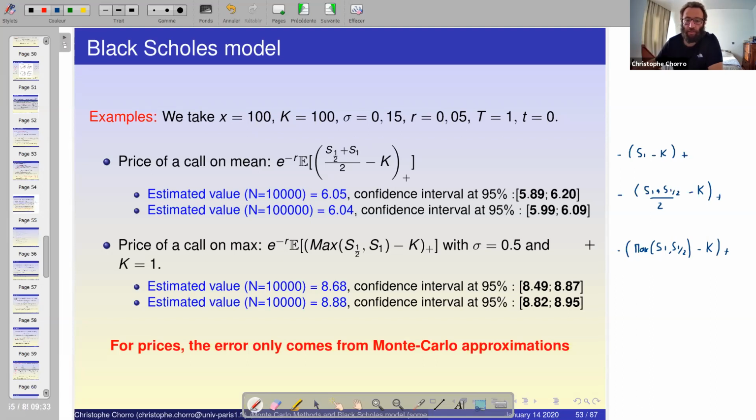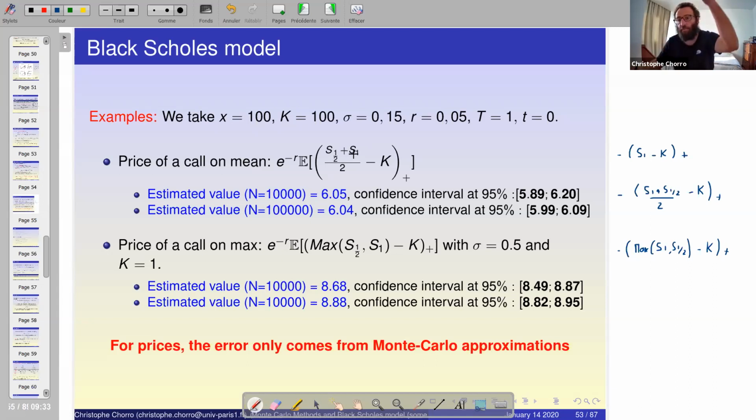In order to approximate these quantities, I can use the Monte Carlo methods, as I explained previously, because what I have to do here is just generate independent realizations of this random variable, S1, S1/2. I am able to do this because I am able to generate trajectories of the risky asset from the Brownian motion.